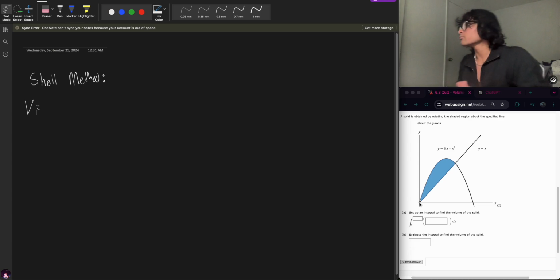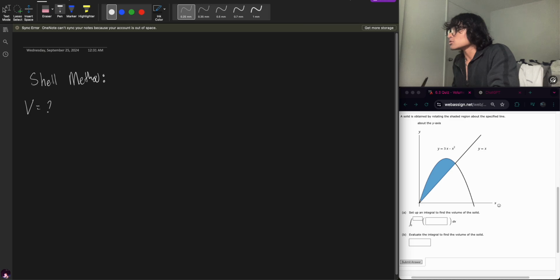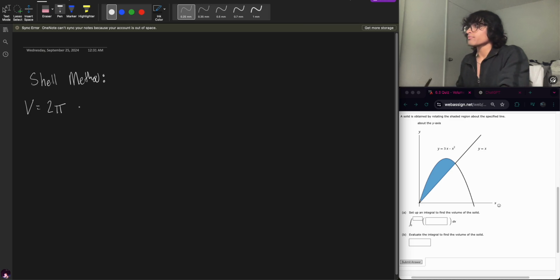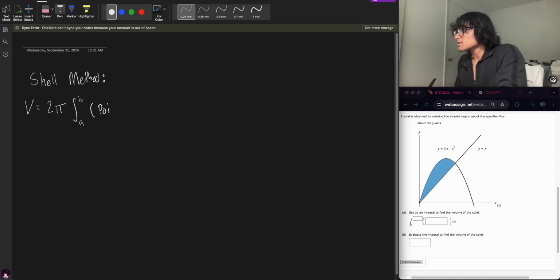So imagine this y-axis and it rotates around. That volume is going to equal 2 pi, that's our constant, and the integral with bounds from a to b, of the radius, which I will explain what that is, times f of x, which is the top function, minus g of x, which is the bottom function.